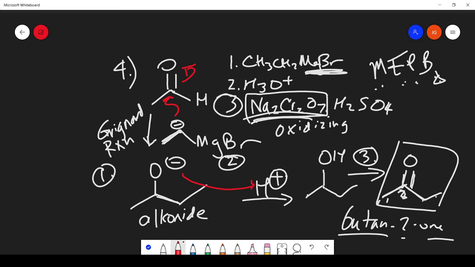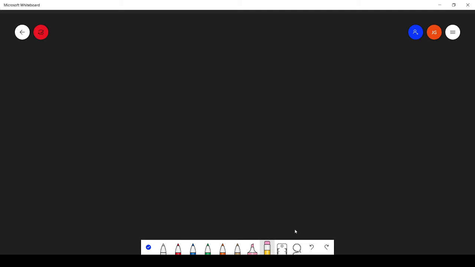But this is on a secondary carbon, and so it will only form up to the ketone. It'll stop here. No matter what reagent you use, it won't be able to form another bond. It'll break the octet rule. Okay, so that's that reaction.